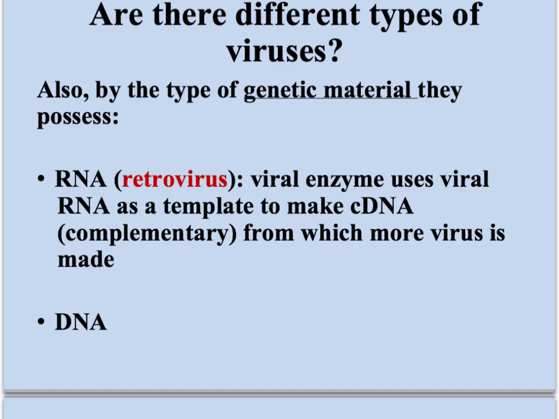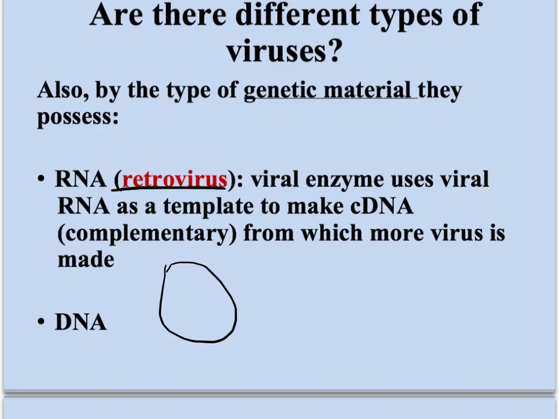So viruses also differ by the type of genetic material they possess. If it has RNA, it's called a retrovirus. This is a very important word. Remember it. A viral enzyme uses viral RNA as a template to make cDNA, or complementary DNA, from which more virus is made. So basically, you'll have a virus.